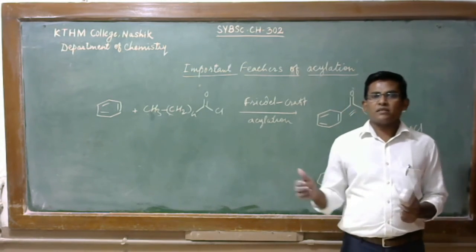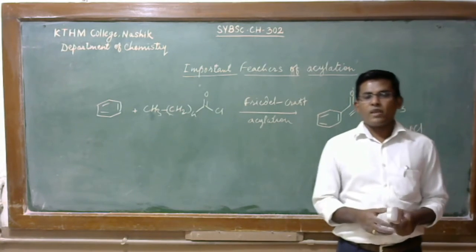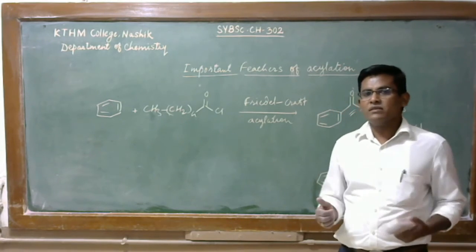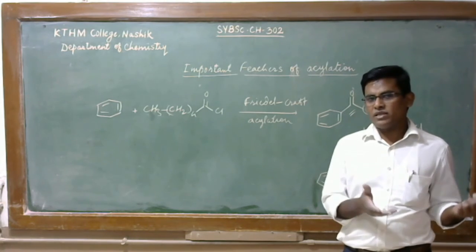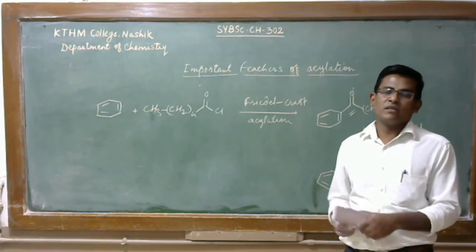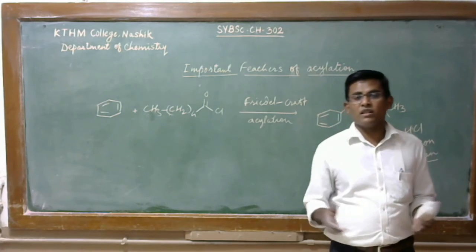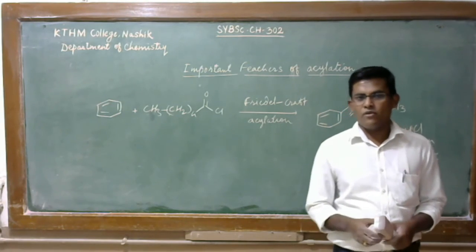In the second reaction, halogenation, benzene reacts with the halogen in the presence of a Lewis acid. Iodine cannot undergo this electrophilic substitution reaction.